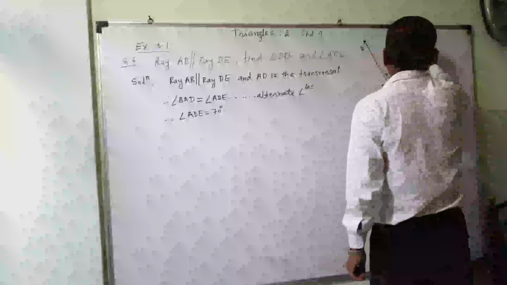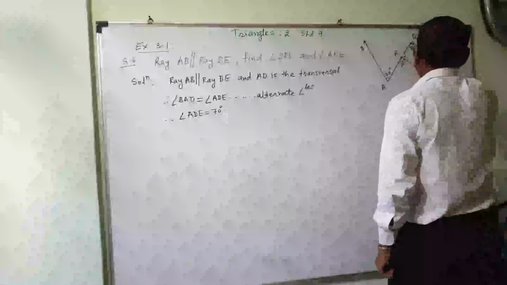This I am writing now. This is 70 degree. Now as this is 70, this is 40.